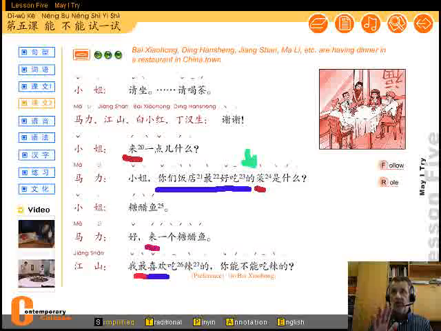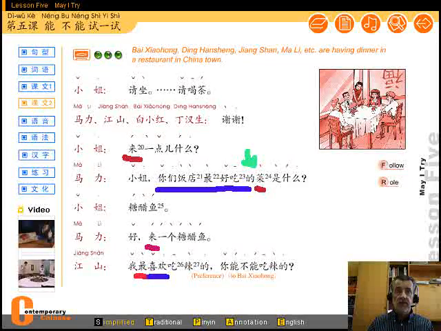So again, 最 can be used before verbs. It can be used before adjectives. 最漂亮 to mean, in that case, the most beautiful, and in this case, 最喜欢 to like the most. Some people like to interpret that as being you prefer. 最喜欢 is to prefer, but I like calling it, what you like the most.